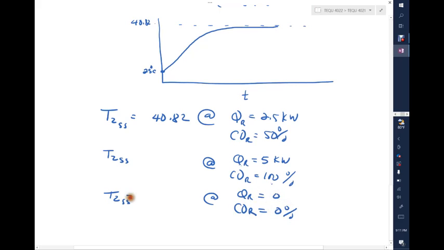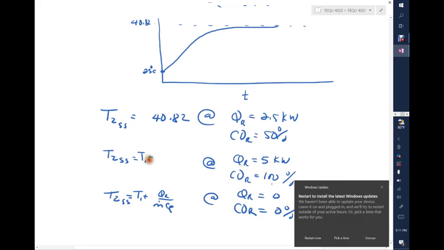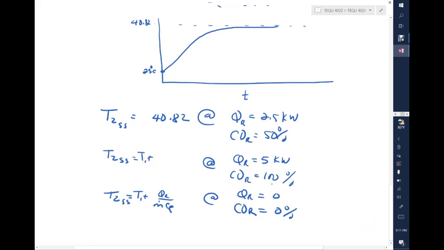Now if you check the equation, let's write the equation here for a steady state, no matter what: T2SS equals T1 plus QR over m dot Cp. So here's the story: QR is changing. For example, this will be straightforward because QR is 0.